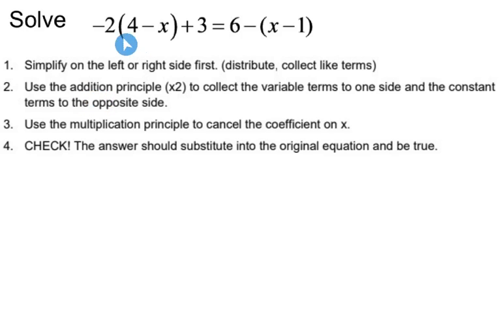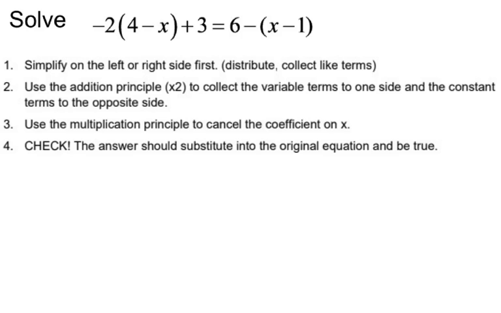Once we have simplified each side individually, we'll use the addition principle, oftentimes twice, to collect the variable terms as well as the constant terms on opposite sides. So we'll get all the variables maybe on the left and all the constants on the right. Then our variable, our x, will likely have a coefficient. So we're going to use the multiplication principle and divide to cancel that coefficient on x. Of course, we should always remember to check.